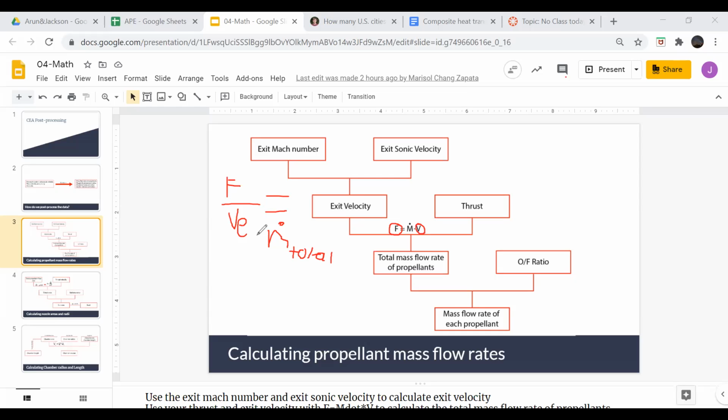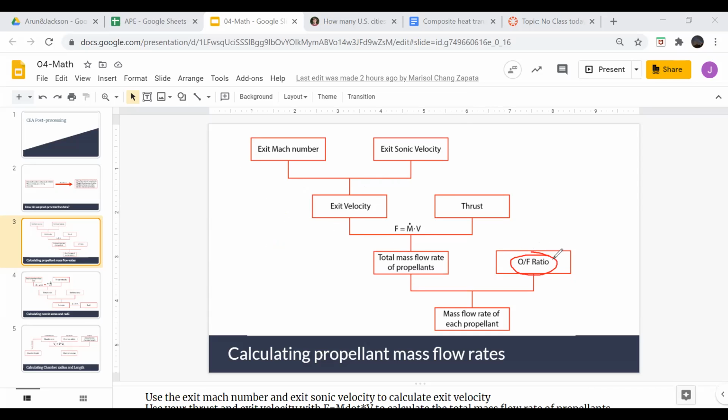So in order to find the flow rates of each, you have to do a little bit of math that is actually kind of confusing. Because you have the OF ratio, oxidizer to fuel ratio, that we picked iteratively last week using CEA.